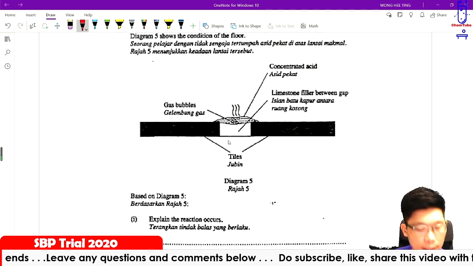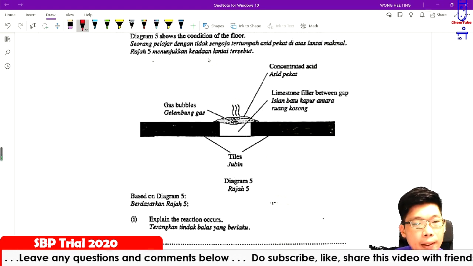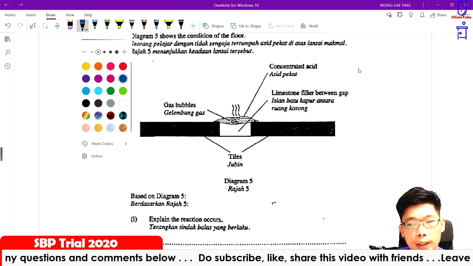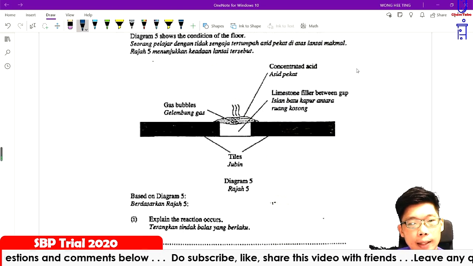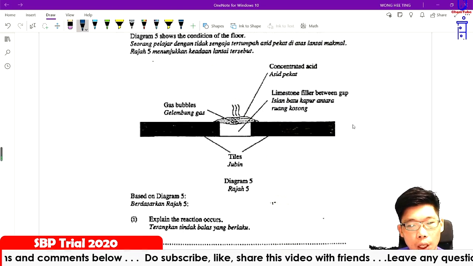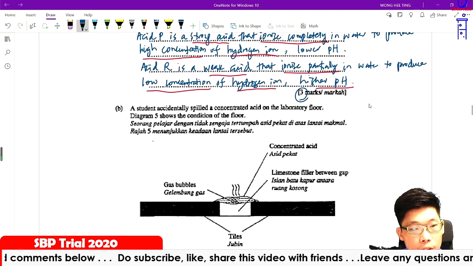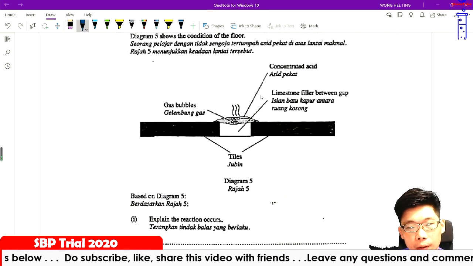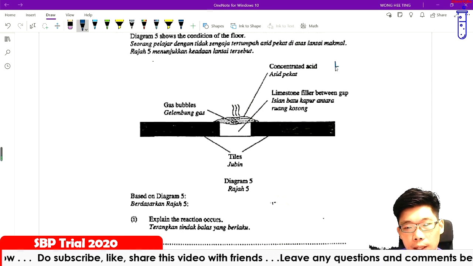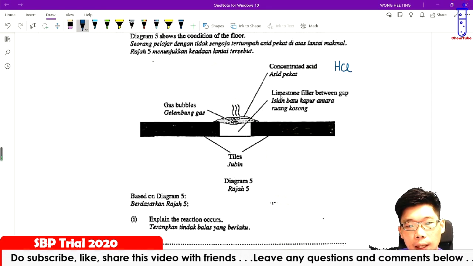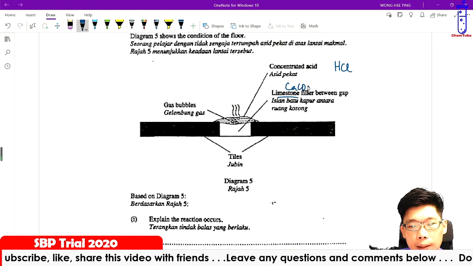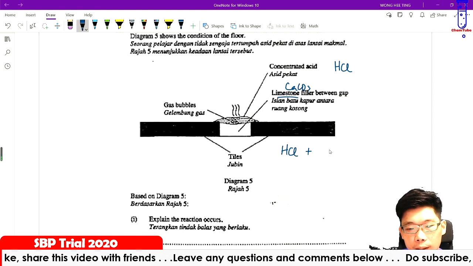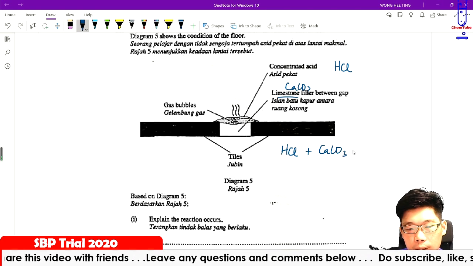Okay, so actually what is happening here is the acid, whatever acid, let's say we choose, is there any acid mentioned? No. Okay, let's say this is the concentrated hydrochloric acid. The limestone actually is the calcium carbonate, so meaning that hydrochloric acid reacts with the calcium carbonate.